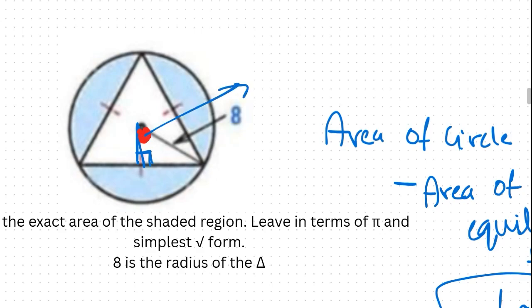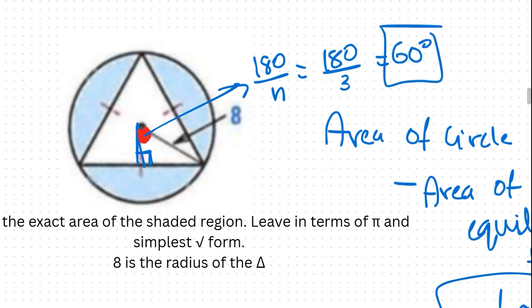You have to divide by the number of sides. So 360 divided by 3 is 120, and then 120 divided by 2 is 60. Alternatively, it is 180 over n, which is 180 over 3, 60. So this angle in the middle is 60 degrees.